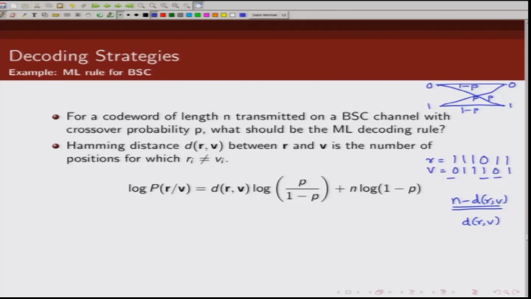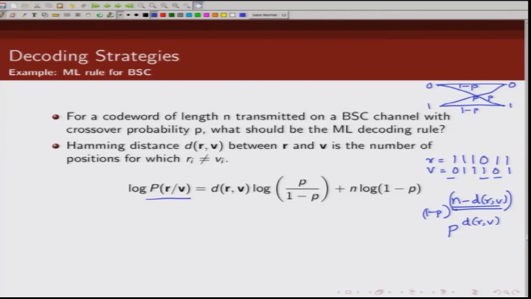So, what is the probability that d bits got flipped? That is given by p raised to the power d(R,V), and the probability that n minus d bits were received correctly is given by 1 minus p raised to the power n minus d. So, we can write the probability of R given V as p to the power d into (1 minus p) to the power n minus d.